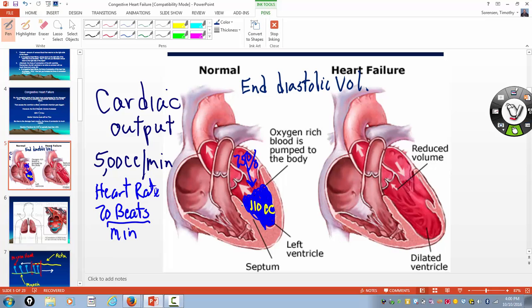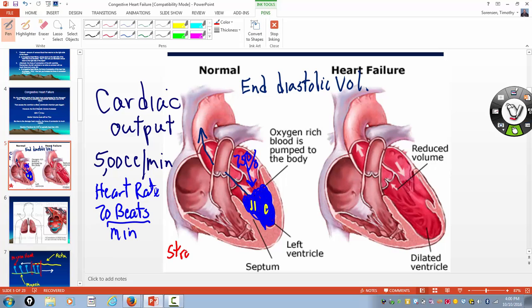Now, when the left ventricle contracts, it's going to force out through the aortic valve a certain amount of blood with each beat. The amount of blood that's pumped out per beat, when the left ventricle contracts, is called your stroke volume.